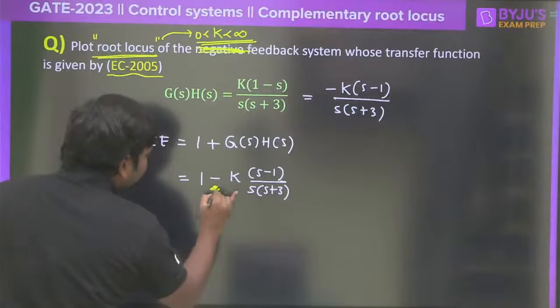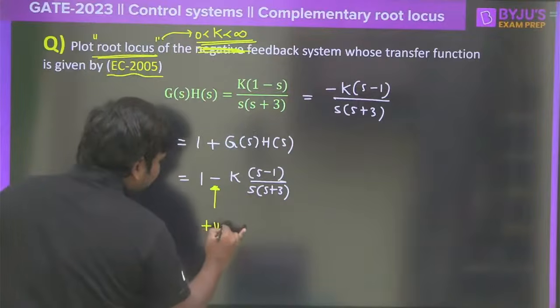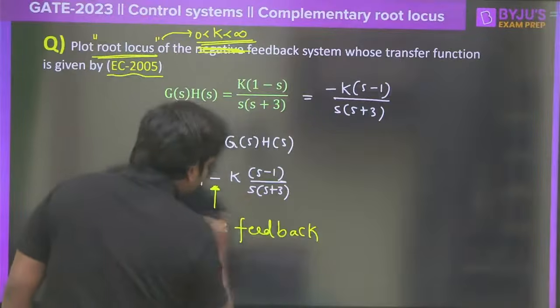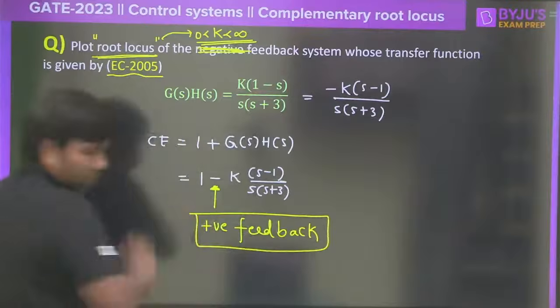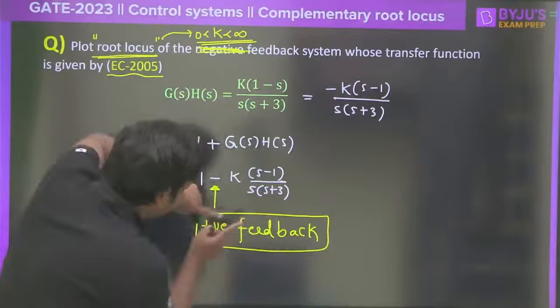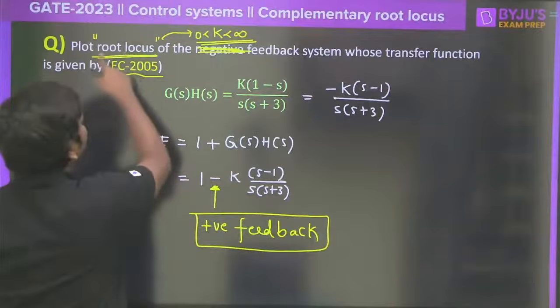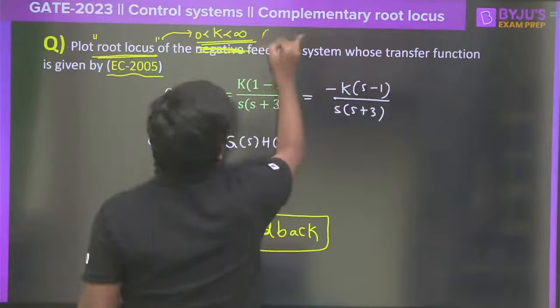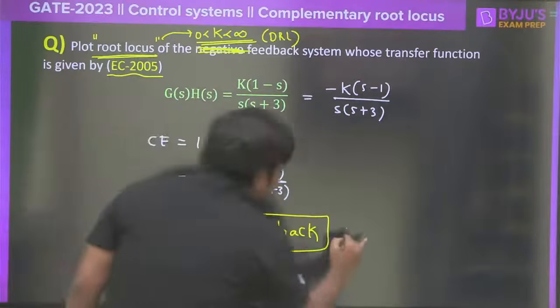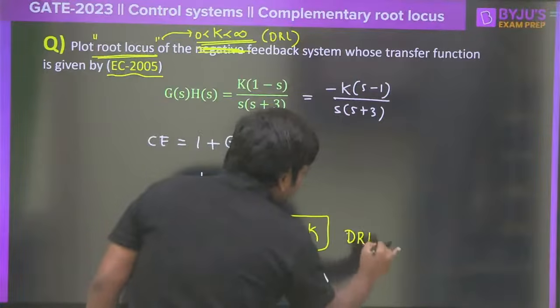That means once again, I can consider this to be mathematically positive feedback, and for this positive feedback he is asking to draw the root locus, that means direct root locus. So what should I say now? For positive feedback, direct root locus is the question.